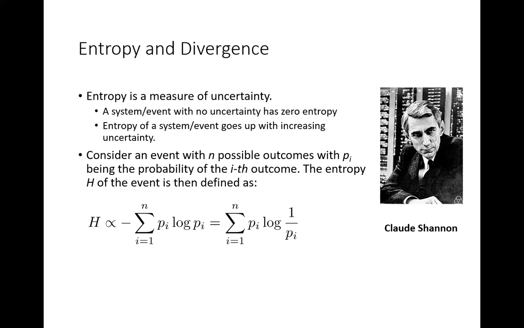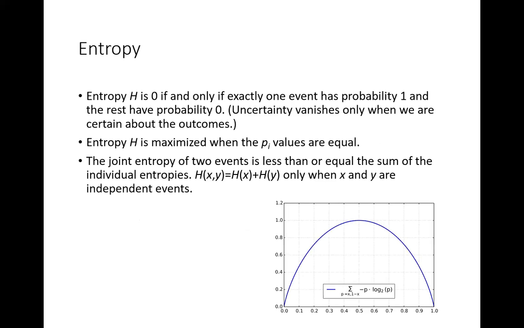And the divergence idea is based on this definition. But before we go to that, again, let's look at one more slide on entropy. So the entropy H is 0 if and only if exactly one event has a probability of 1. That is, if the phenomenon has only one outcome, then entropy is 0.